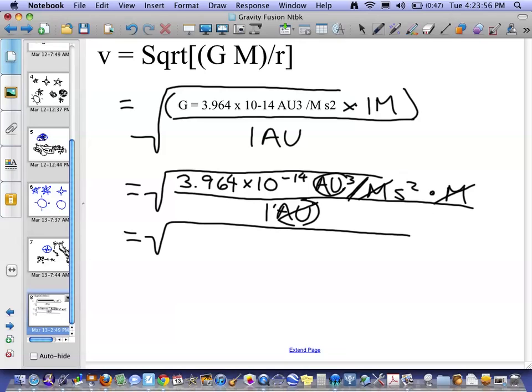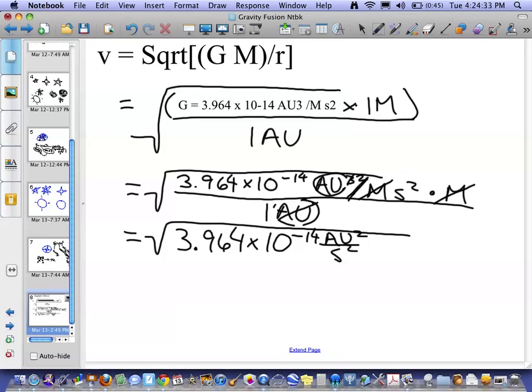But because there's 3 AUs on the top, I can only get rid of one of them. So I'm just going to reduce that to 2. So when I come down to the bottom, what I end up with is 3.964 times 10 to the negative 14 AU squared divided by second squared. Okay. So now all of that I'm going to square root.